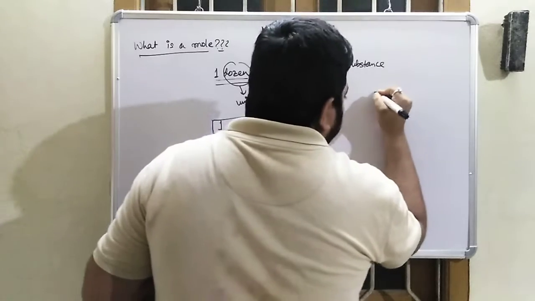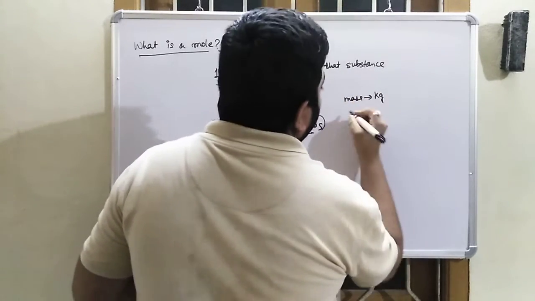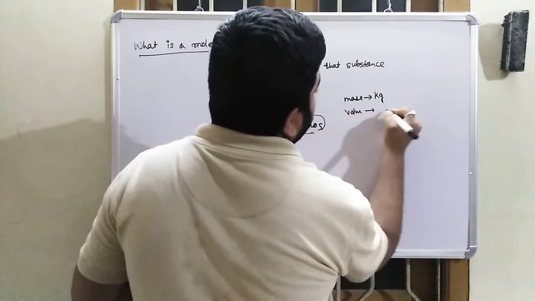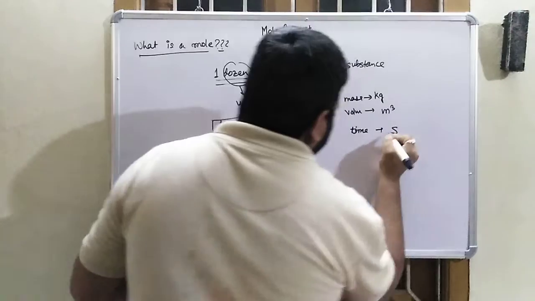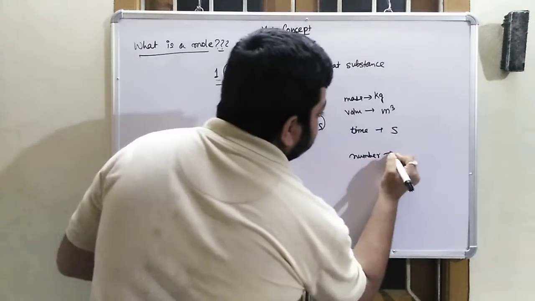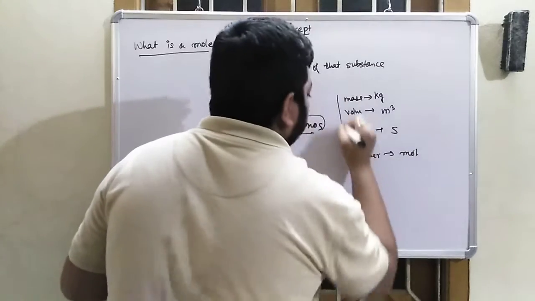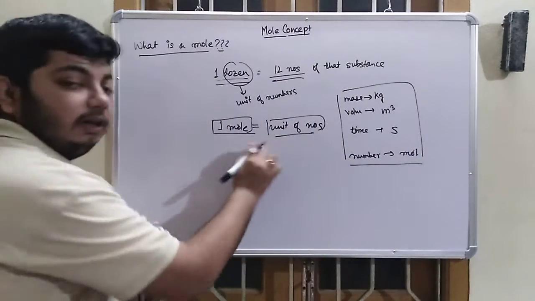Just like SI unit for mass is kg, SI unit for volume is meter cube, SI unit for time is second, the SI unit for number is mole.